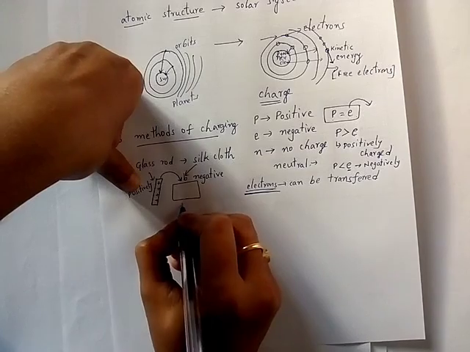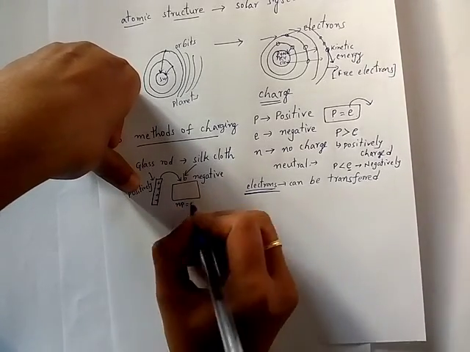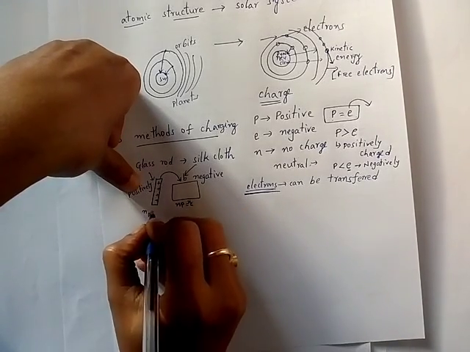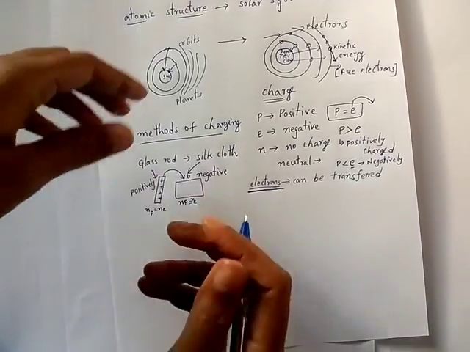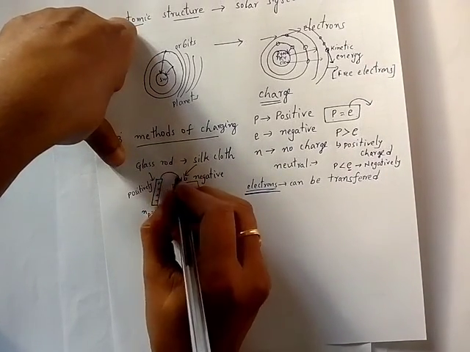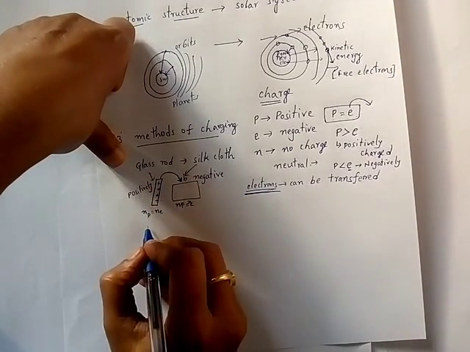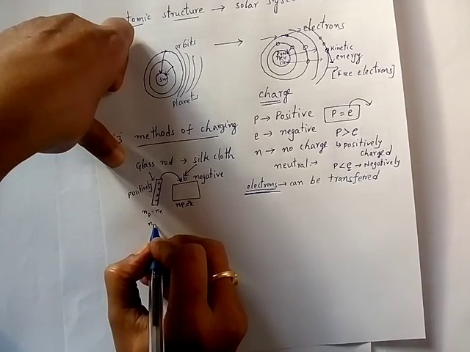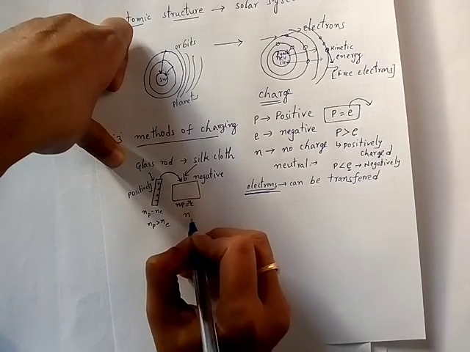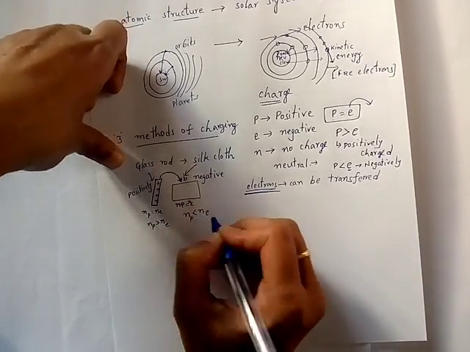See, initially here also the number of protons, Np, is equal to the number of electrons, Ne. Here also the number of protons is equal to the number of electrons. Due to this rubbing, some of the electrons from the glass rod have traveled to the silk cloth. So in the glass rod the number of protons has become more than the number of electrons, and in the silk cloth the number of protons has become less than the number of electrons.